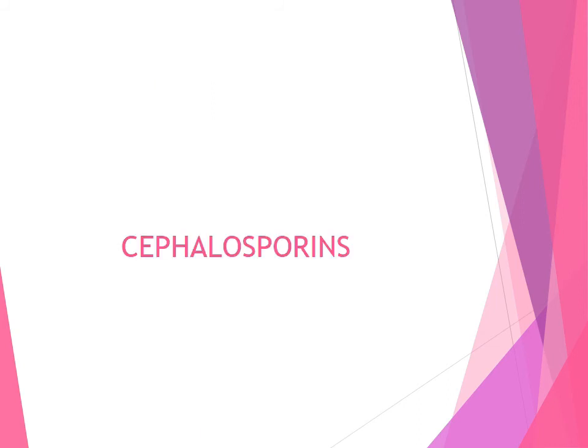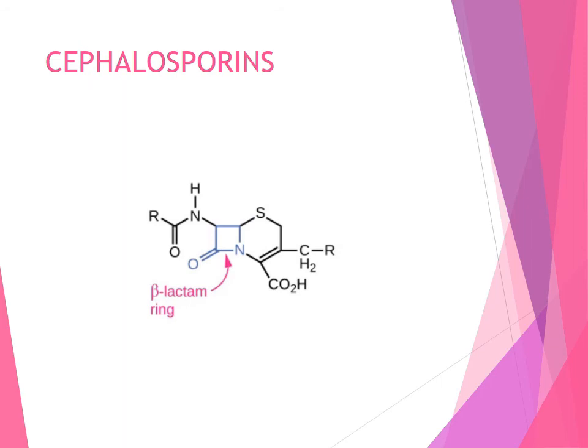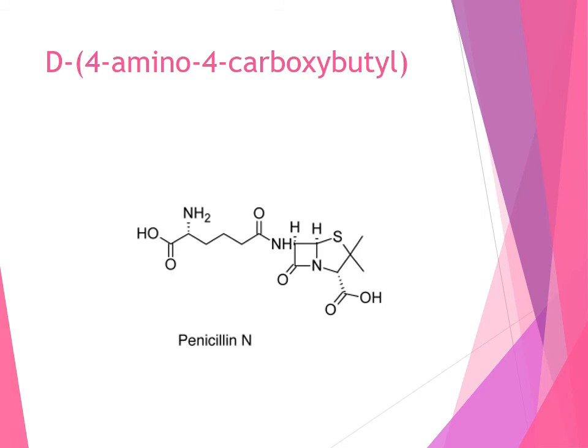Next one, we have cephalosporins. For the cephalosporin, our beta-lactam ring is attached to a dihydrothiazine ring. The nucleus for our cephalosporin is 7-aminocephalosporanic acid. Your penicillin N is also known as delta-4-amino-4-carboxybutyl penicillin.